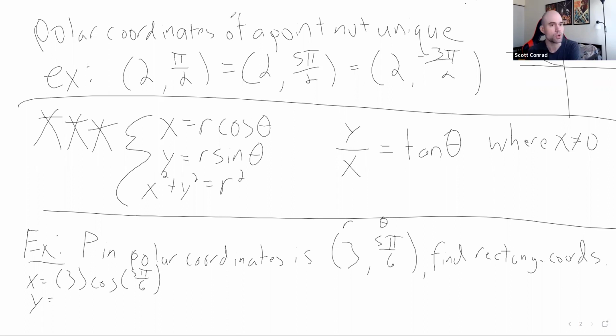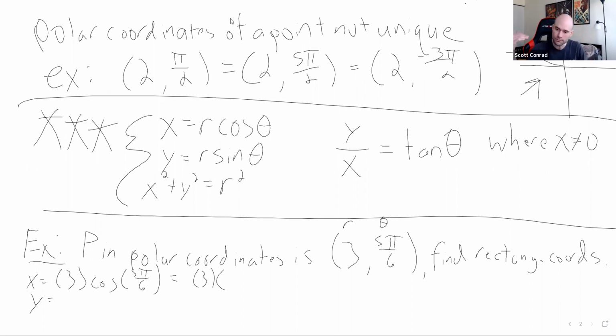So what is cos of 5 pi over 6? Close. The way I like to remember these is, 5 pi over 6 is in the second quadrant, so x is going to be negative.